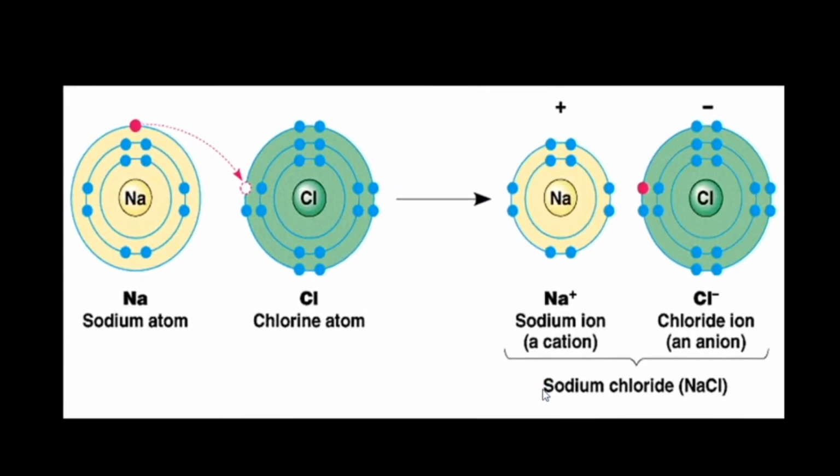Sodium chloride molecule. This can be represented by the electronic configuration method. Now in Lewis dot structure, already you know what it is, the outermost valence electron is represented as a dot. For sodium it has only one electron, so we put only one dot. For chlorine the outermost valence electrons are 7, so we put 7 dots.